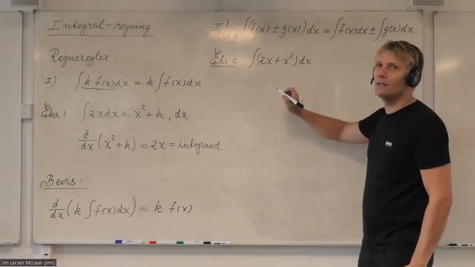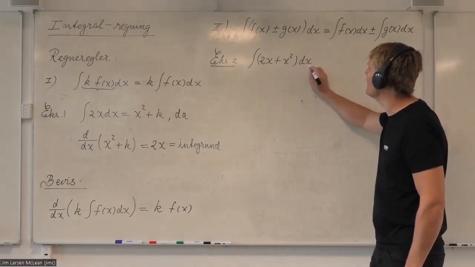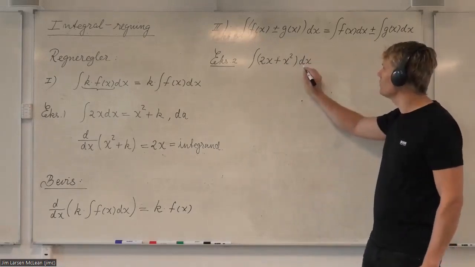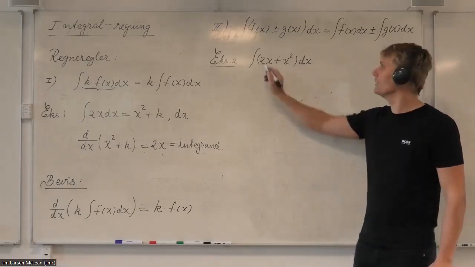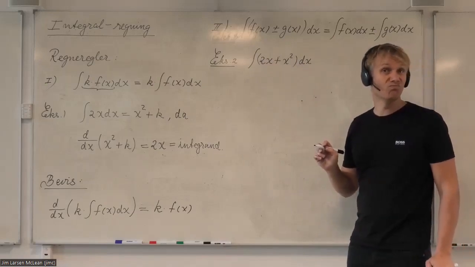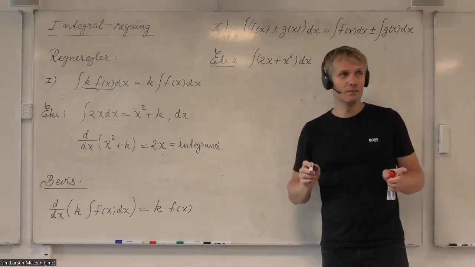Because the dx means a small bit of x that needs to be multiplied by the function, so it has to be multiplied on both terms, and it won't be unless you put a parenthesis. So it's basically wrong if there's no parenthesis. Remember to put parentheses around the integrand if there are multiple terms.